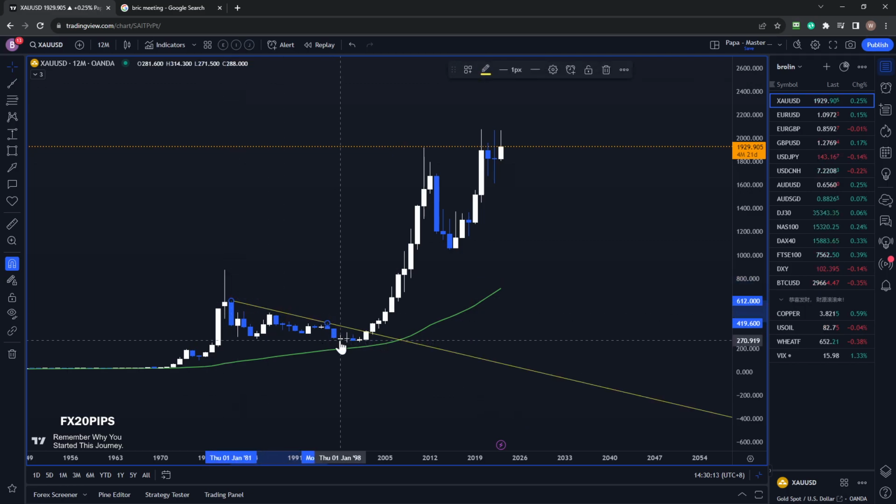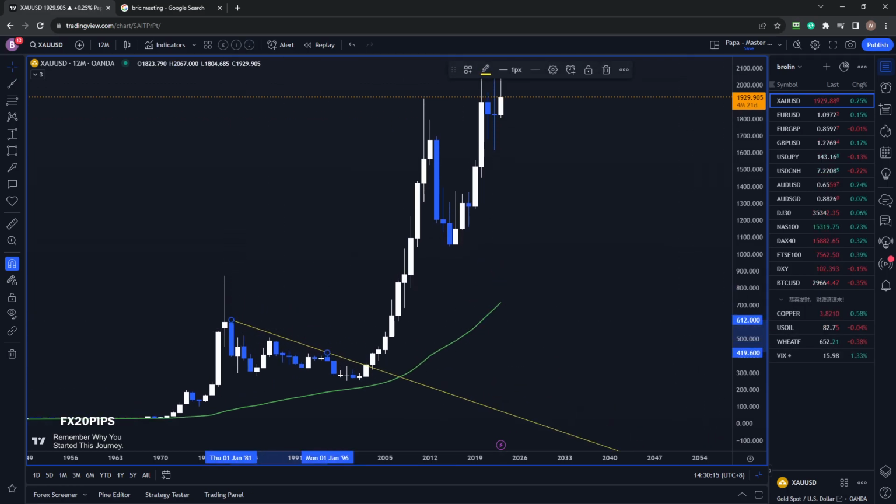You can see that this line was respected until this candle closed above, and then there's a retest, and after that the price shot up.